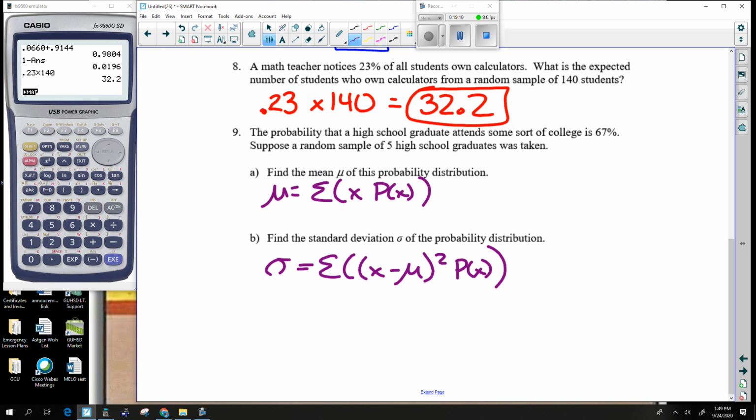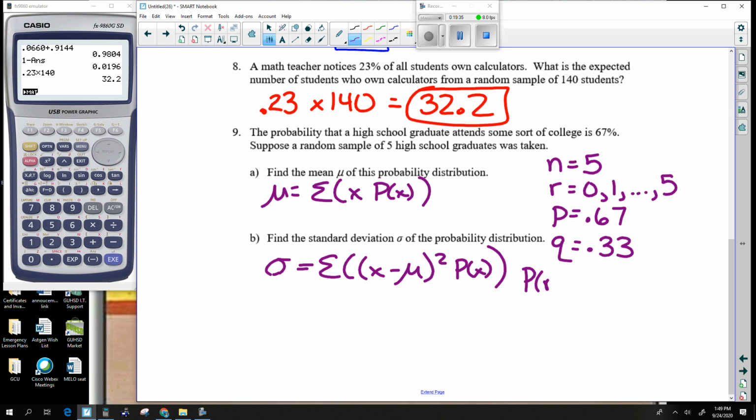All right, so really the key to understand here is think of the x as the letter R and do it how we've just been doing problems. So here we see the grand number of high school graduates is 5. R would be 0 to 5. Probability of success is 67. Failure is 33.